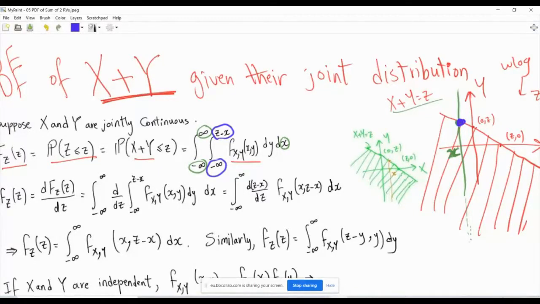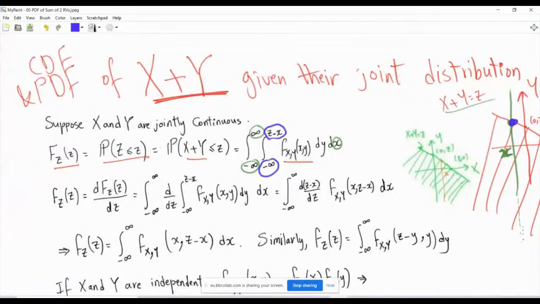If I give you two random variables and a certain inequality, the first order of business, if you want to visualize what is happening, is to draw the xy plane and see the region on which you are integrating, then write properly your limits of integration, and then do the integration. This will give you the CDF of Z.